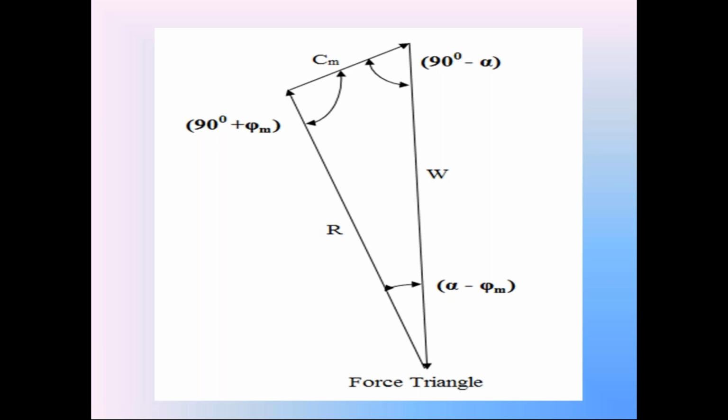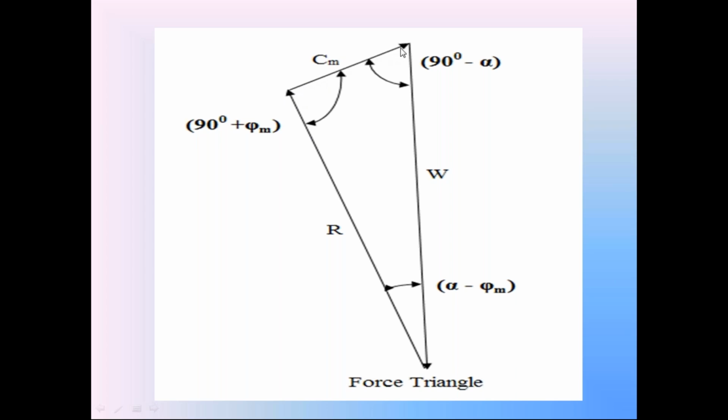These two straight lines, one from the beginning of W parallel to Cm and the other from the end of W parallel to R, will cut at a common point.